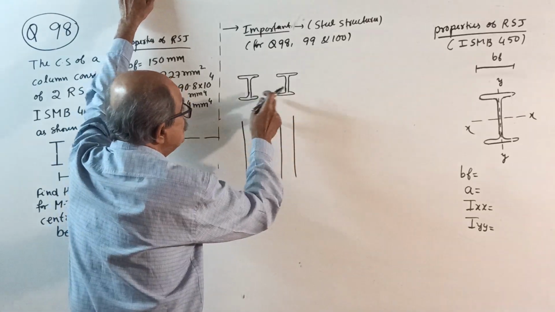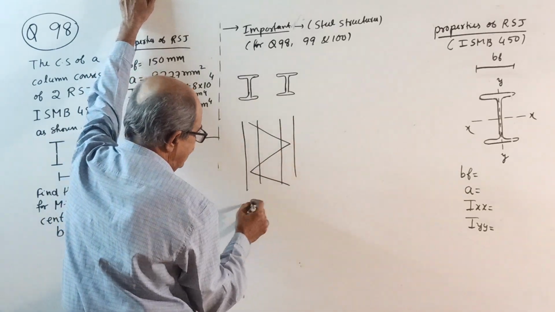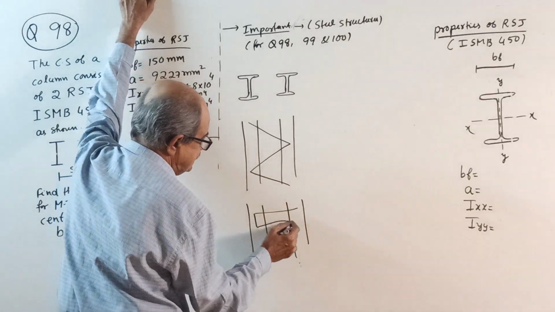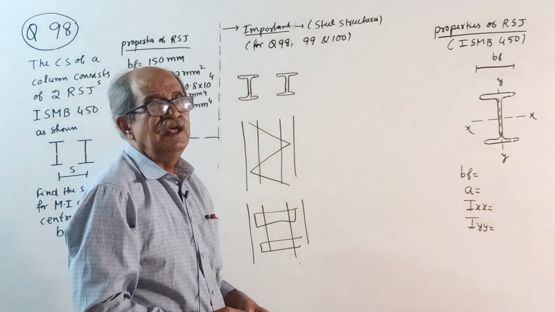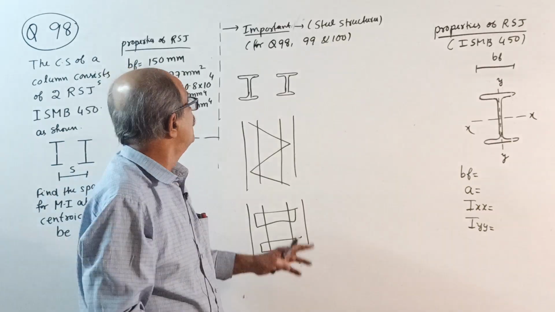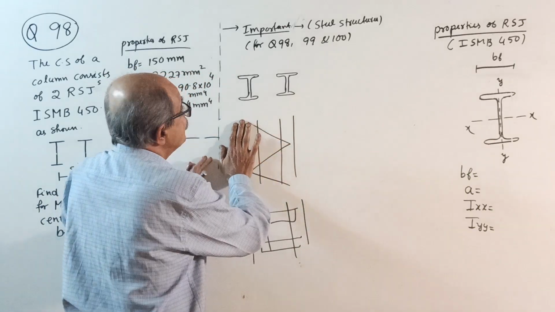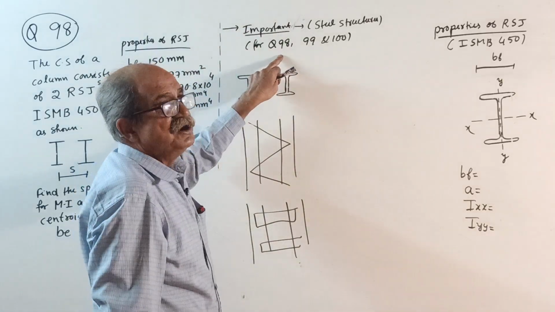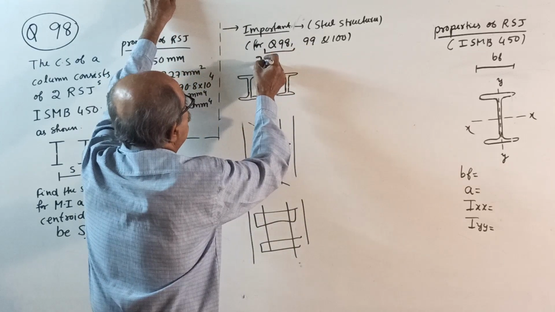Then these two are properly connected, either by lacing this way or by battens. This way, battens, rough sketch. This way, battens will be there. You have seen this in railway stations, bus stops, etc. Now, our important point is, in these cases, the two RSJs here. Today, question 98 is two RSJs.